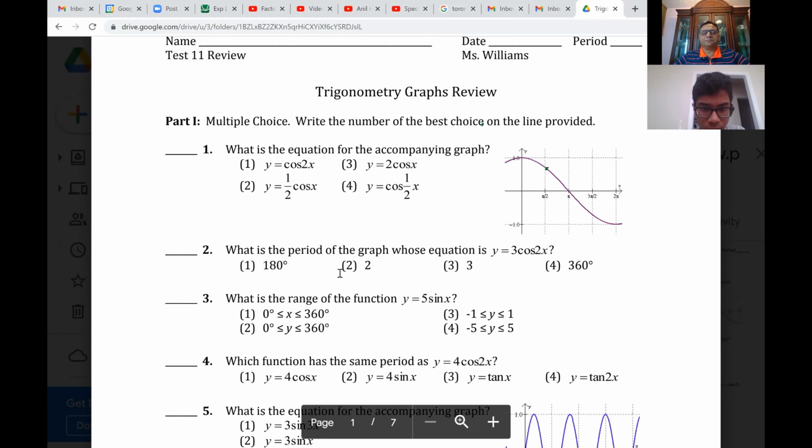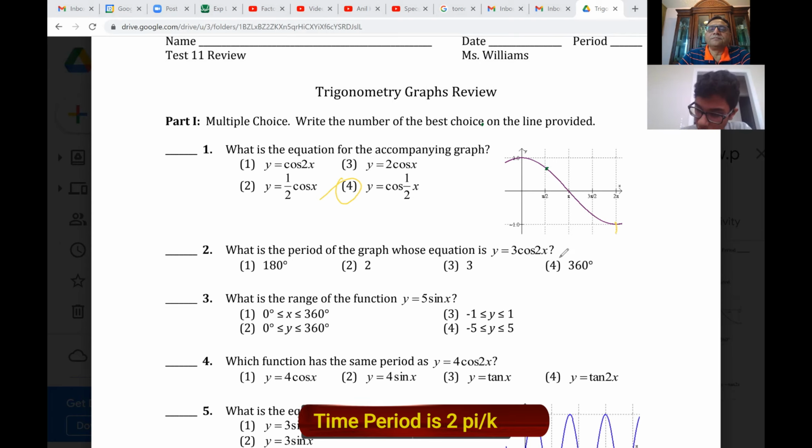Now, next question. What is the period of the graph whose equation is 3 cosine 2x? Isn't this pi? T is 2 pi by 2, right?